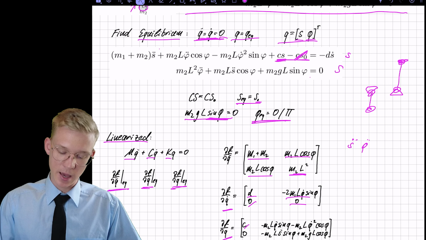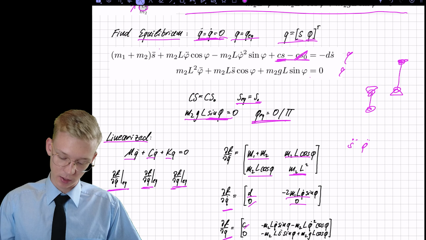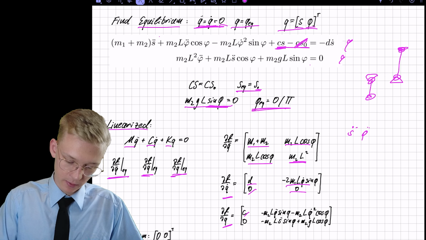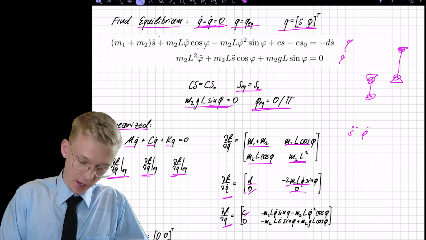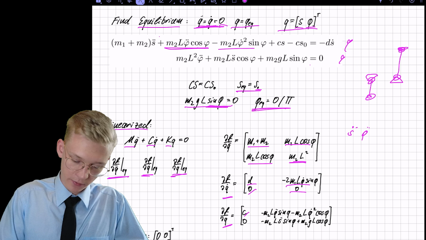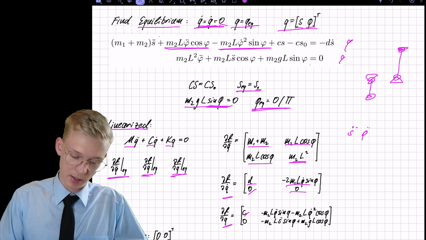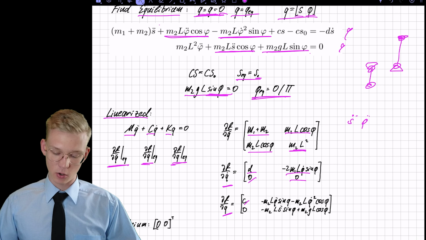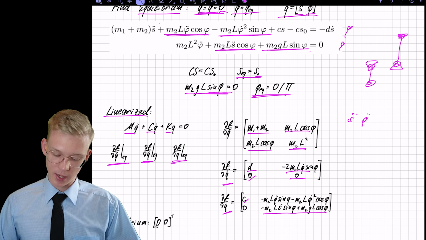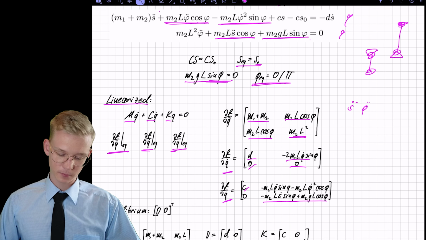If we look just at the s and the second equation of motion, we have nothing. Then if we just look at the q, let's remove this as well. We have a q right there, and we have a q right here. And in the second term, we have a q in this term and a q in that term. So deriving those partially will get us these two terms.